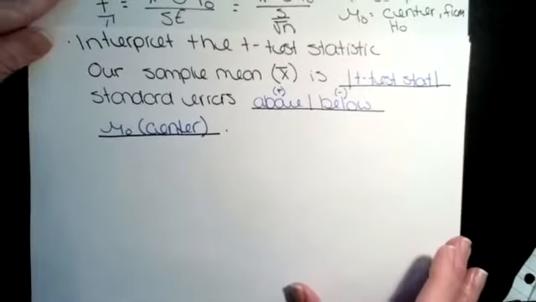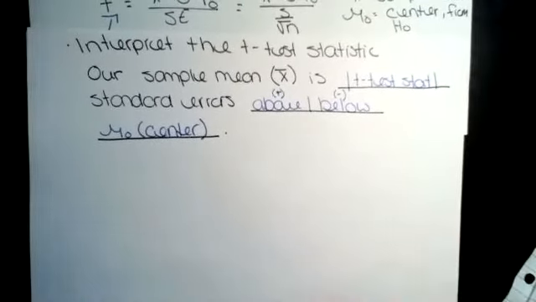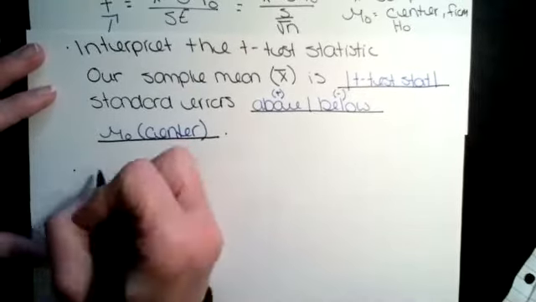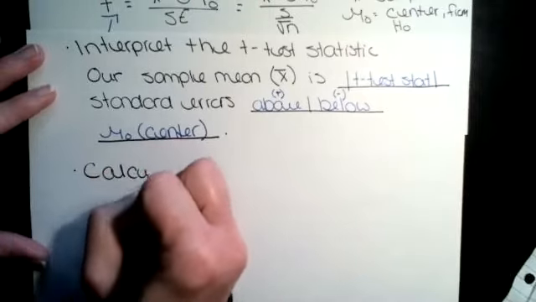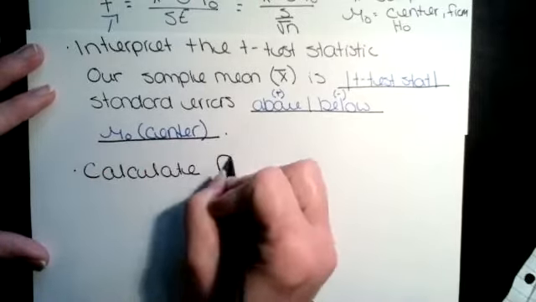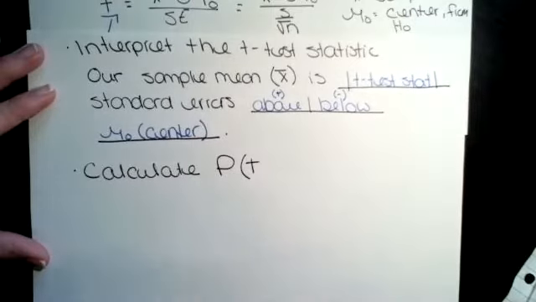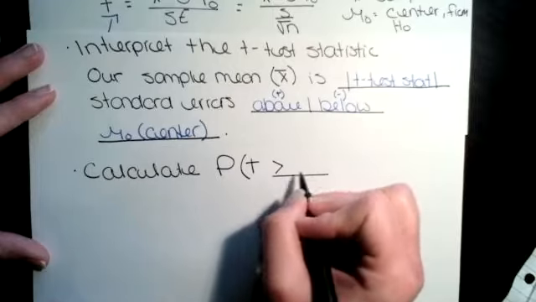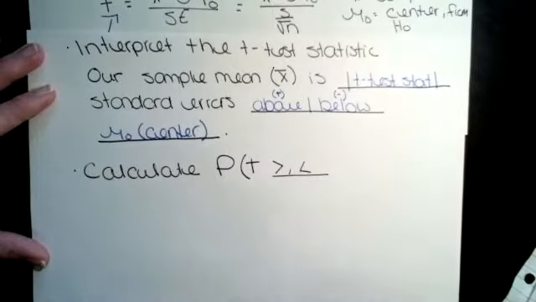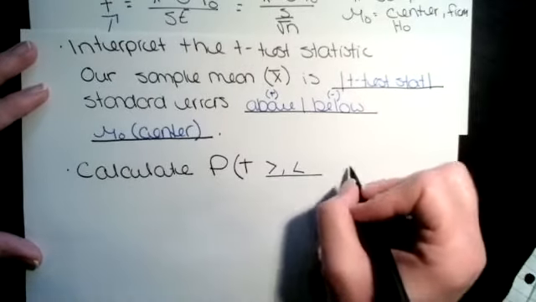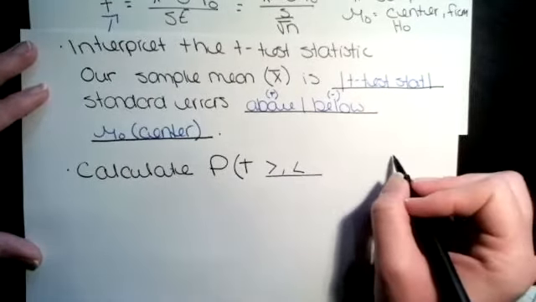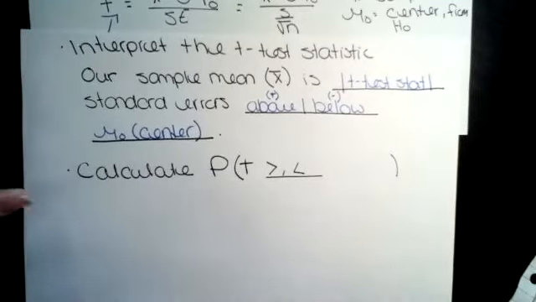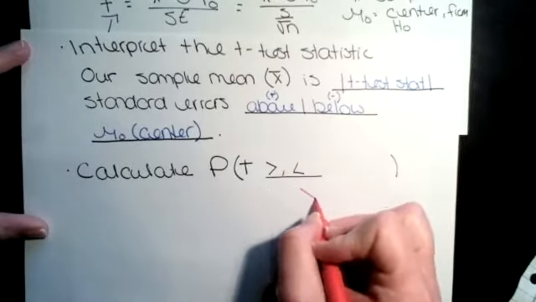Now the third part, this is not anything new for us, just like the test statistic, really that calculation's not really new, and this is going to be calculating the probability. So I'm going to calculate the probability that my t value is either, I'm going to put in here greater than or less than, okay, my other t value, which we'll take a look at here.